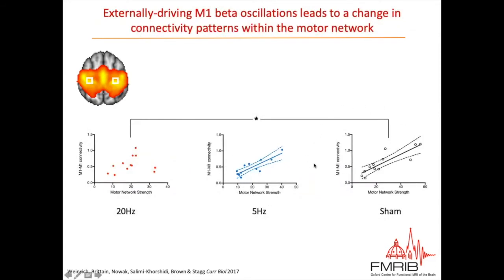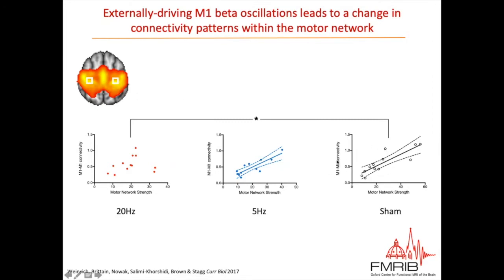So what we did then was look at the correlation between connectivity of the 2 primary motor cortices. So again, we're stimulating one primary motor cortex, the reference electrode was over the supraorbital ridge, and looking at the connectivity between that motor cortex and the other motor cortex, which doesn't change, and correlating that with the connectivity of the whole of the motor network.